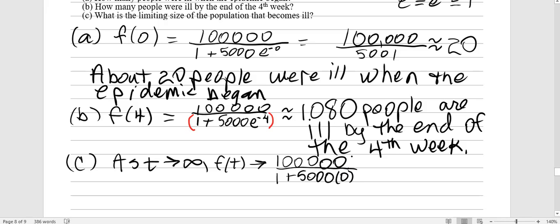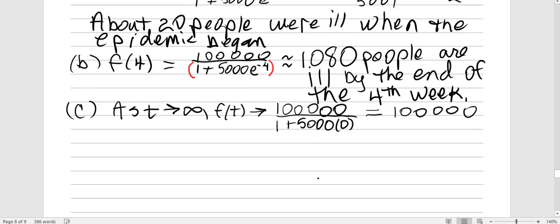So as t gets larger and larger, e to the minus t is getting smaller and smaller, and we essentially get 100,000. So that number in the numerator is always that limiting population.